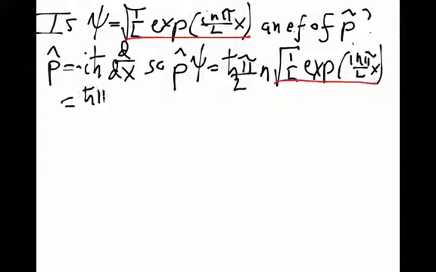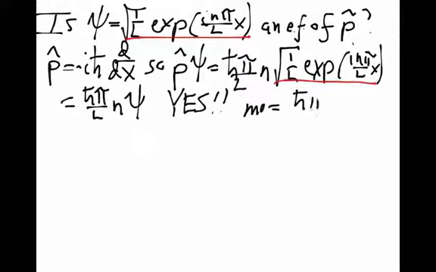So yes, indeed, p operating on the wave function is equal to h bar pi over L n times the wave function. So it is an eigenfunction of the momentum operator. Remember, sine wasn't. This one is. And the momentum itself, the eigenvalue, is equal to h bar times pi divided by L times the quantum number n.